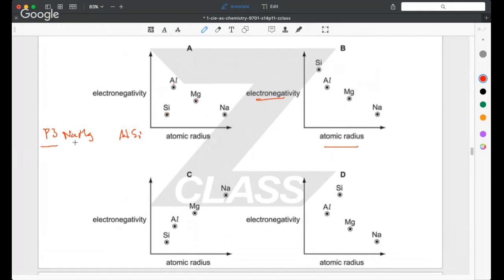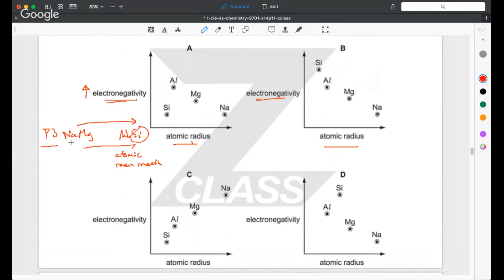Those are the first 4 elements in period 3. As you go across a period, electronegativity increases, and the atomic radius gets smaller.